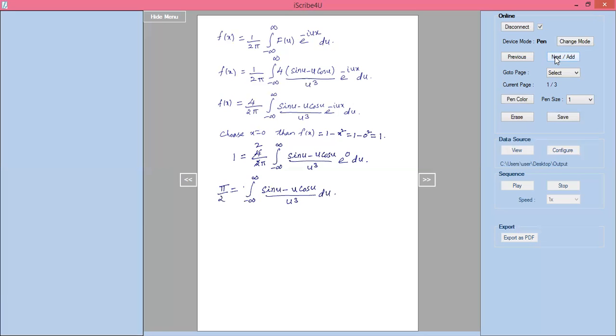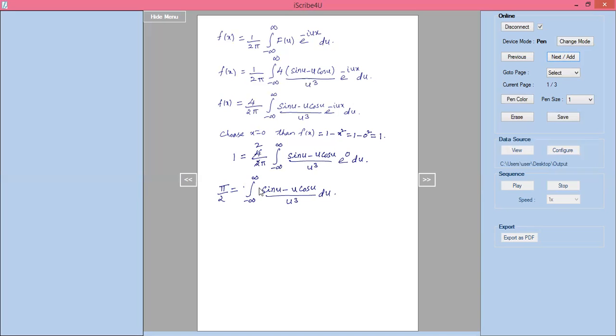Now here the limits are minus infinity to plus infinity, but I want to get the result from 0 to infinity. If you replace u by minus u, sin of minus u is minus sin u, and cos of minus u is cos u.